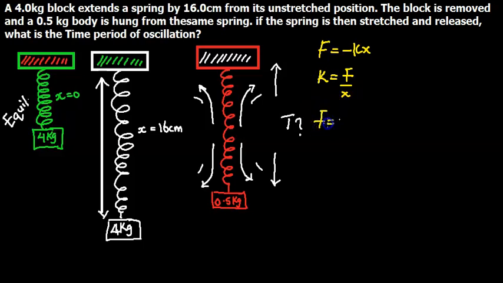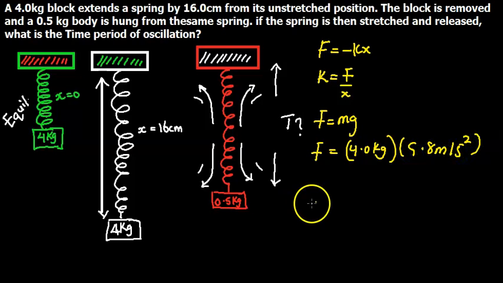F is simply going to be mg, where m is our mass, which is 4 kg, and g is the acceleration due to gravity, which is 9.8 meters per second squared. Therefore, our force is going to be 4.0 kilograms multiplied by 9.8 meters per second squared.